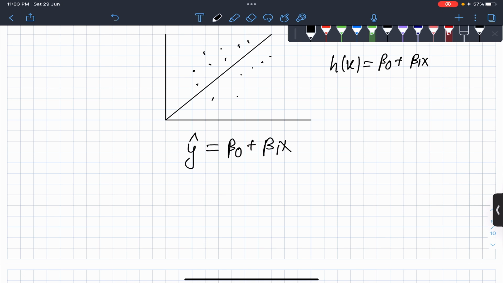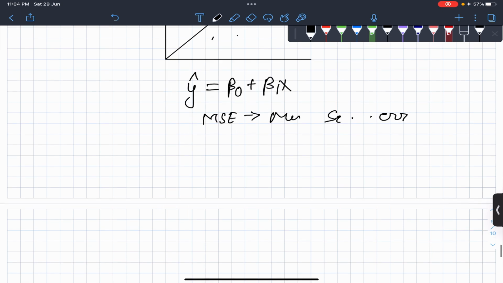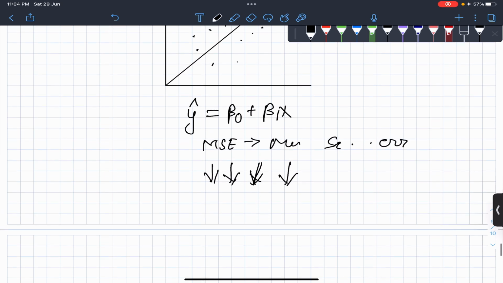Then we found the MSE, the mean squared error. Now we want to minimize this mean squared error for a better model, the best fit line, which can predict the best values.